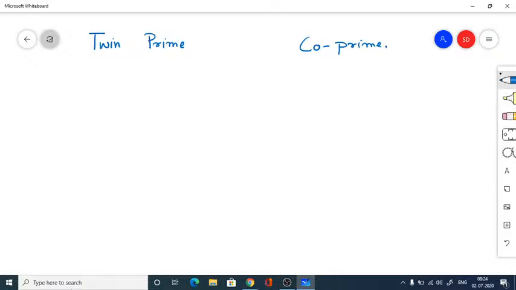What are twin primes? Pairs of prime numbers whose difference is 2 are called twin primes. So it's a pair. Twin means, as you can very well understand, a pair of numbers. Now what kind of a pair? Prime numbers. Both are prime numbers.